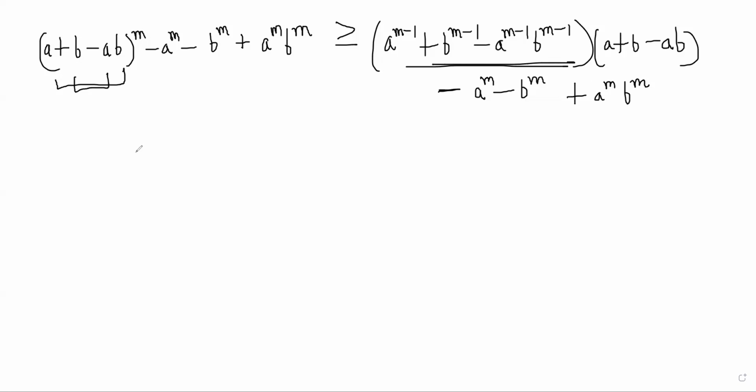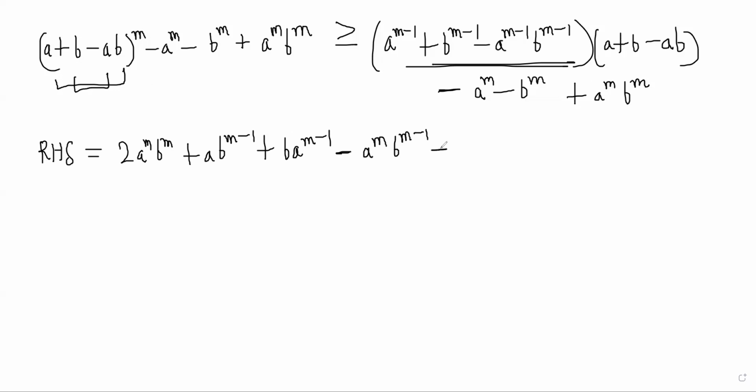So if you simplify this, the RHS is equal to 2 a^m b^m plus a b^(m-1) plus b a^(m-1) minus a^m b^(m-1) minus a^(m-1) b^m minus a^m b minus a b^m.